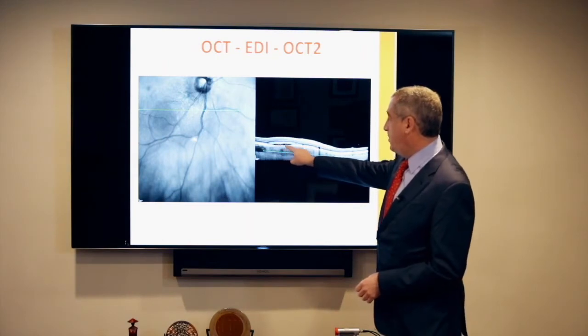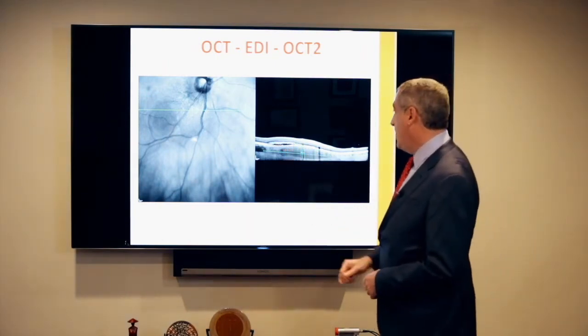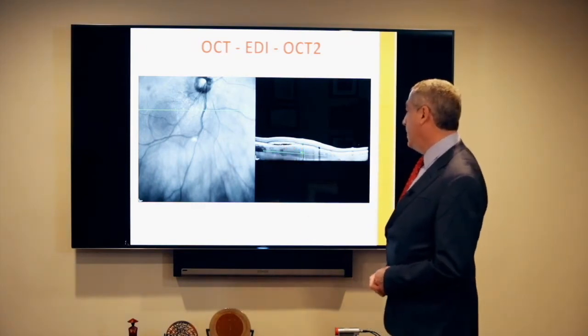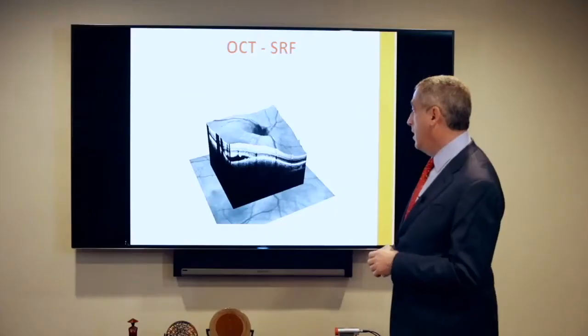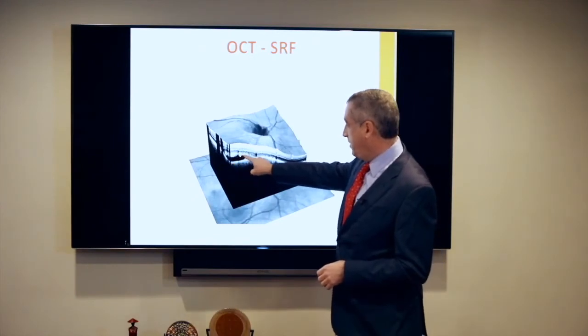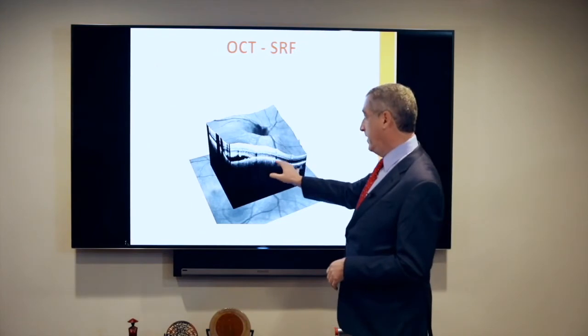We can see the subretinal fluid best with OCT, and you can even see the photoreceptors degenerating above the tumor. On three-dimensional reconstruction of the OCT, which is very helpful, also called a rasterized image, we can see the subretinal fluid beneath the retina and also the dysmorphic photoreceptors and the tumor beneath that.